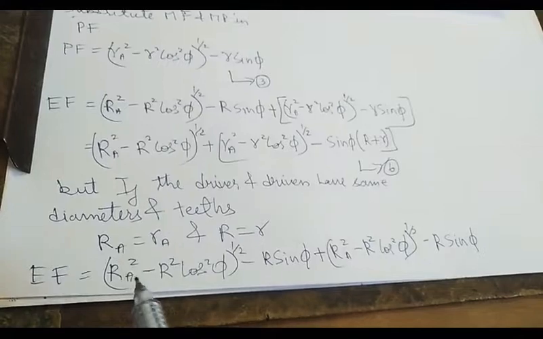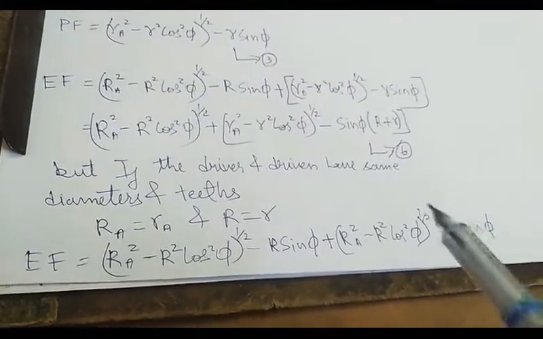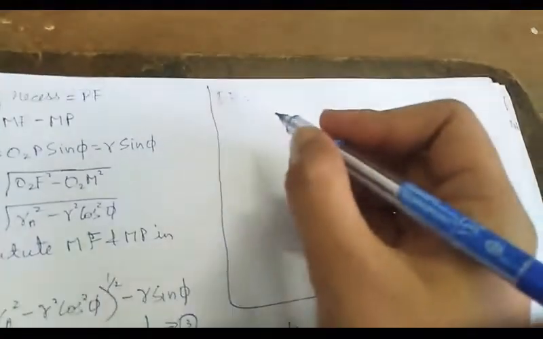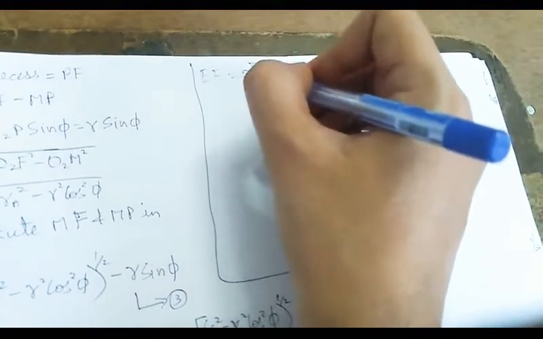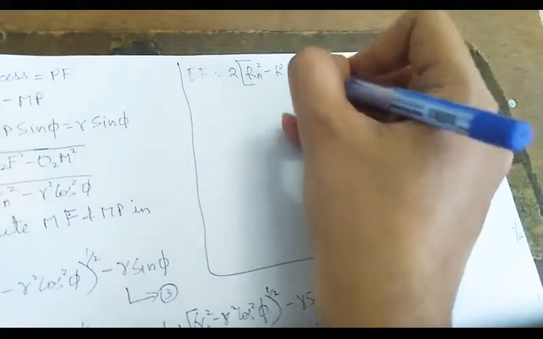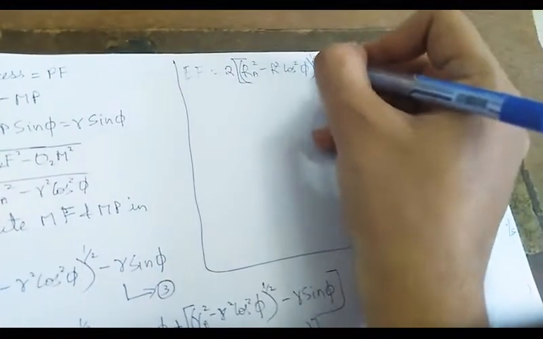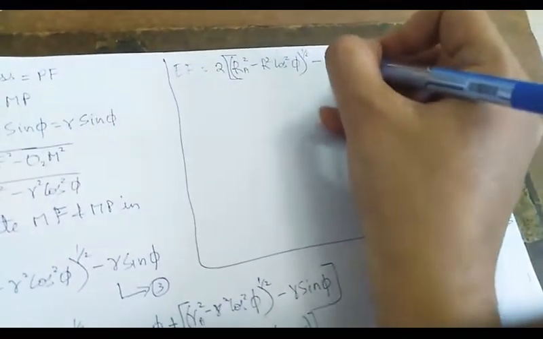Now you can see that these two terms are the same, so we can group the terms. EF is equal to 2 into RA square minus r square cos square phi whole power half minus r sin phi.